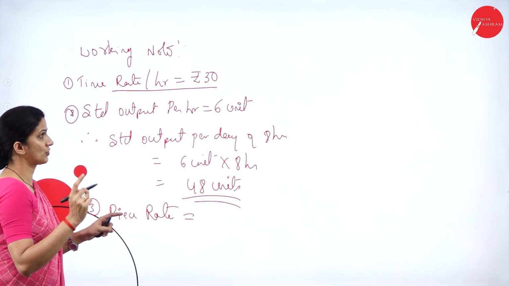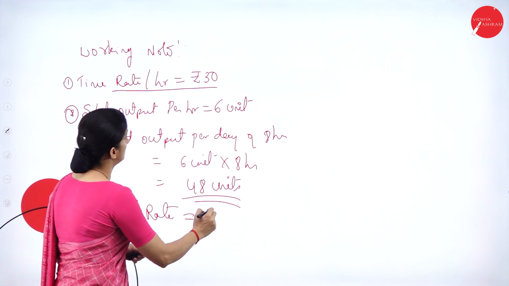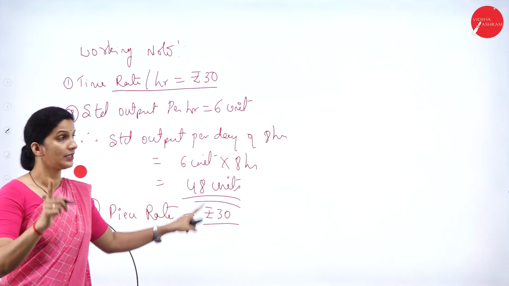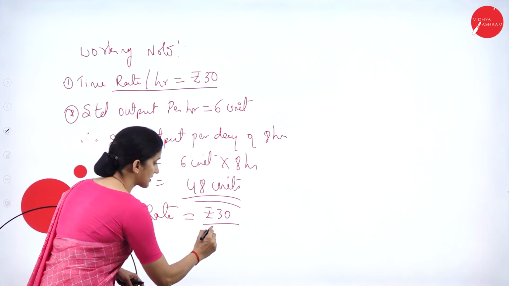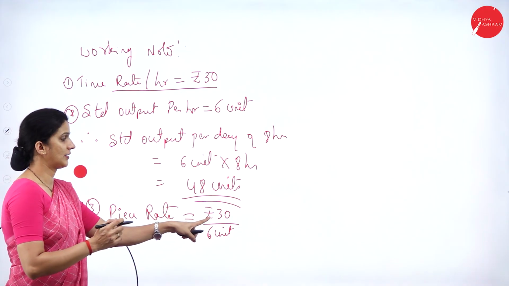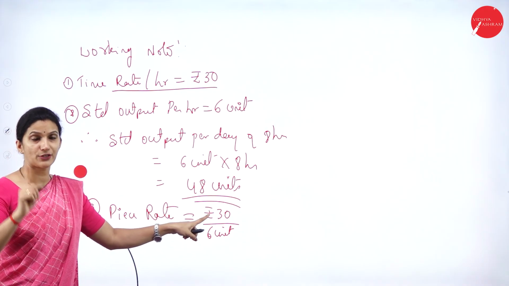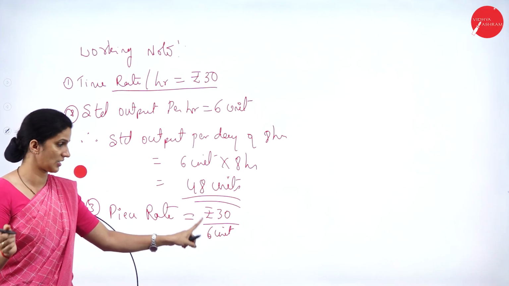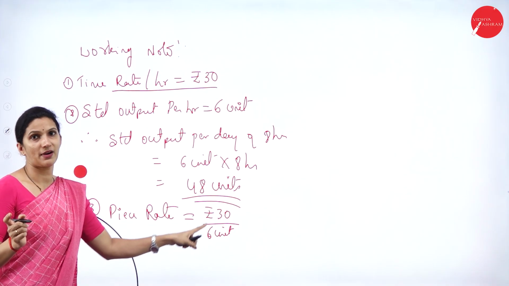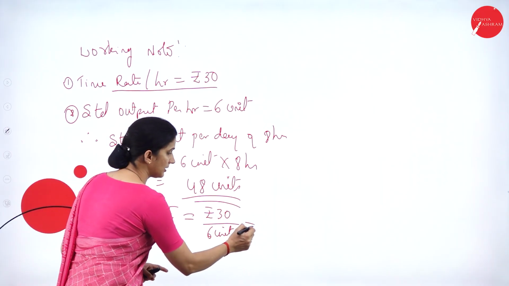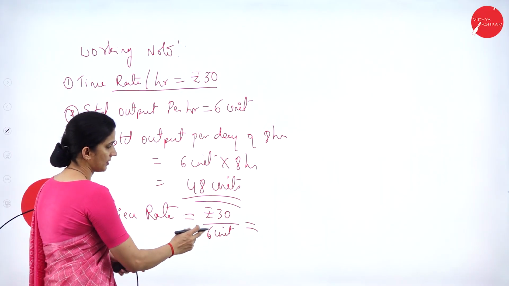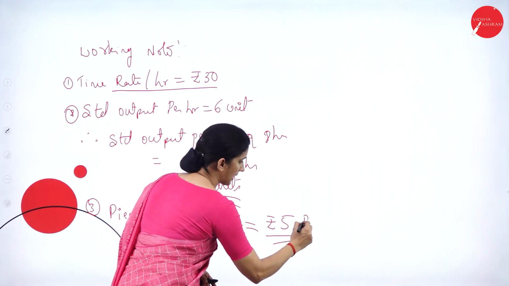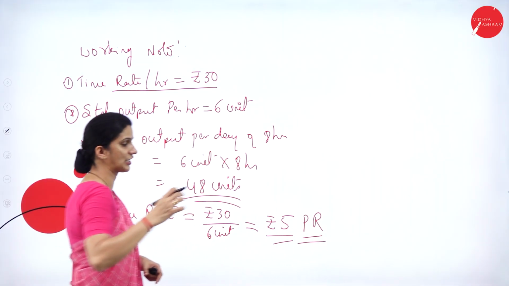So for 1 hour, rupees 30, and in that 1 hour they have to produce 6 units. The amount divided by the number of units gives you the piece rate. So that is rupees 5. It is the piece rate that we need to calculate.